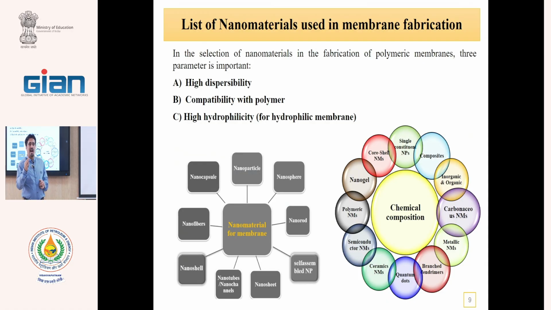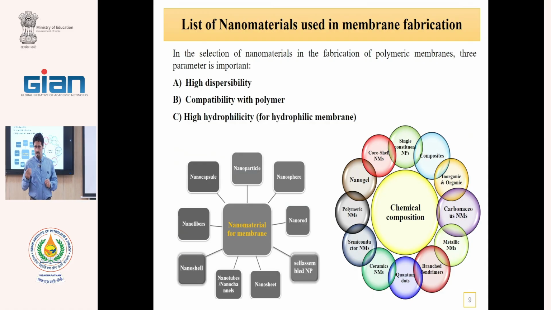Most nanomaterials have good dispersibility at low concentration. When we use 1%, dispersibility is good. But when we increase to 3 or 5%, dispersibility and compatibility are very bad, and with addition of more nanomaterials, the properties of the membranes reduce. The flux is reduced, the rejection is reduced.